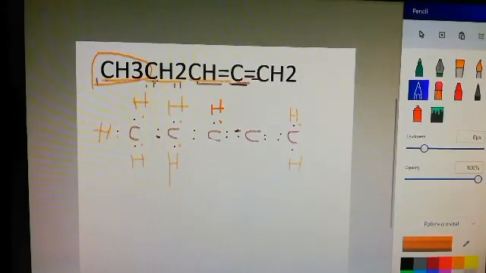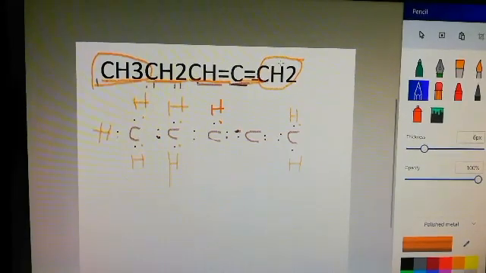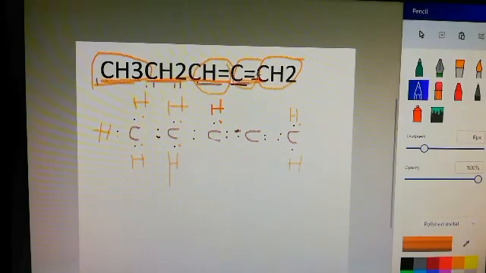Sp3 pala itong single bond, sorry, single bonds sp3. So sp3, sp3, sp2, sp2.